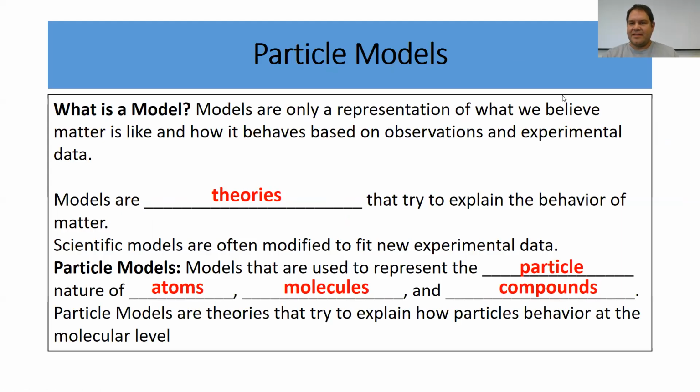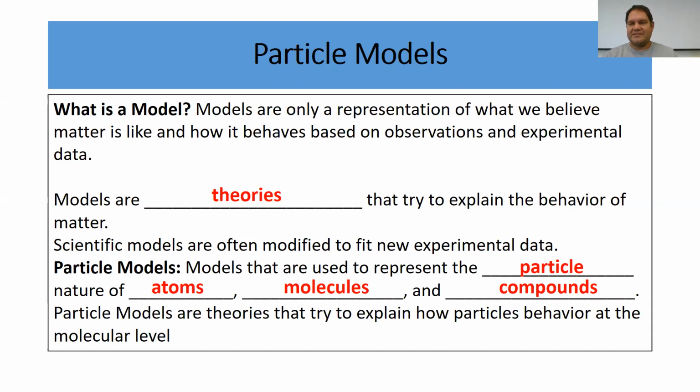So our last thing we're going to look at today is what we call particle models. Particle models are really important because we're going to use them a lot in chemistry to help us explain how matter looks and how it works and interacts with other pieces of matter. Now, we can't see elements, we can't see compounds with our eyes, or at least single elements or single compounds.